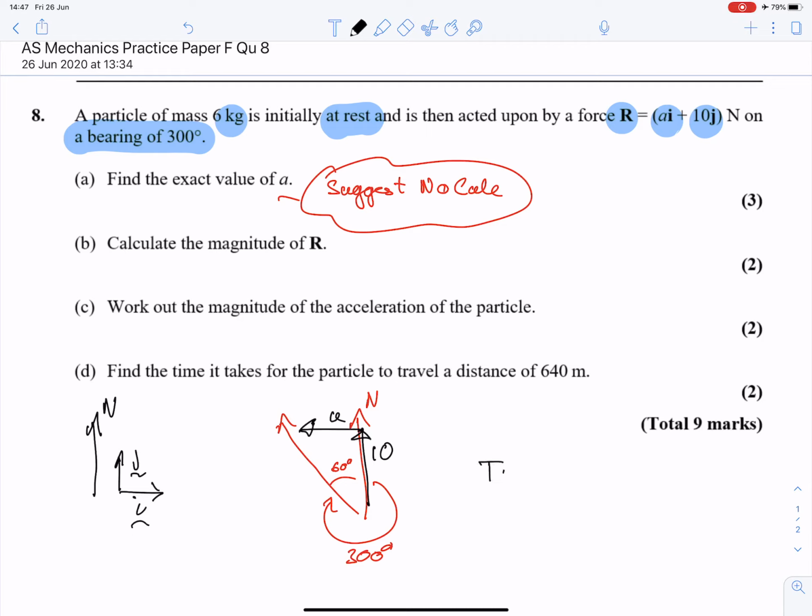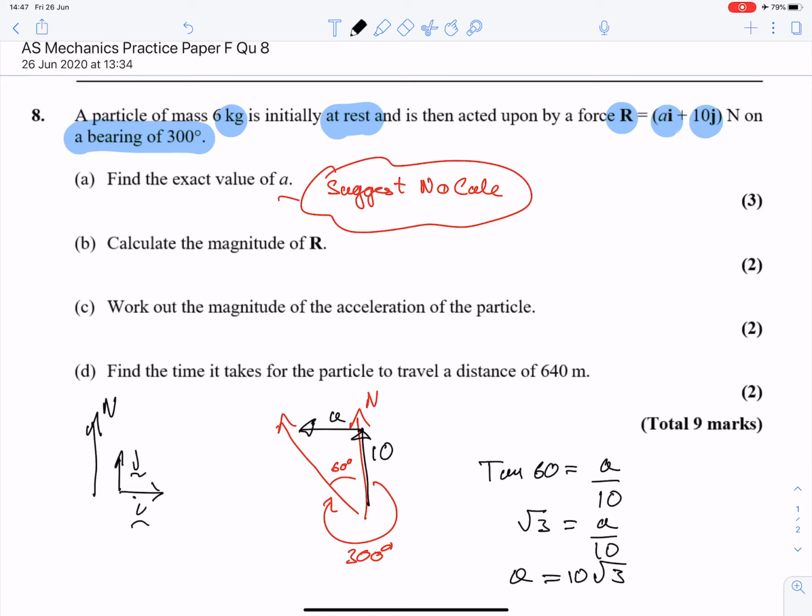So we know tan of 60 is equal to the opposite, a, over 10. Now tan 60 we should know is root 3. So a equals 10 root 3.